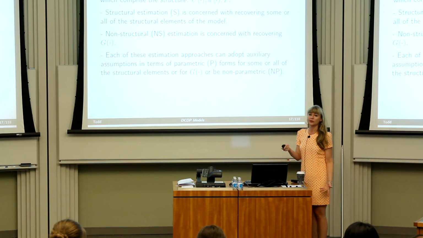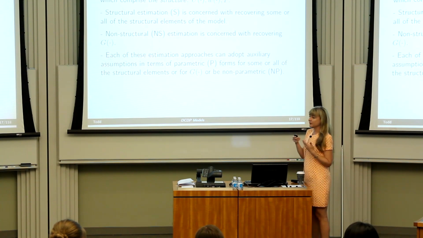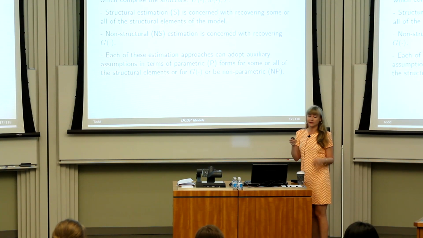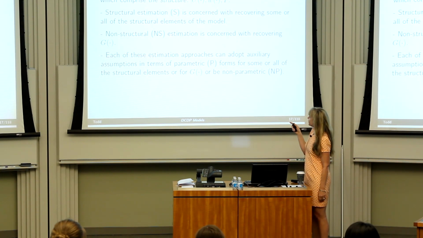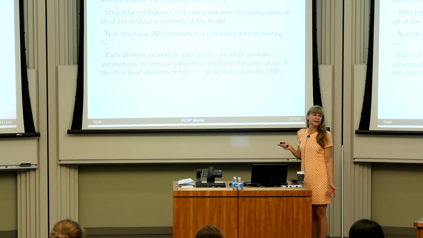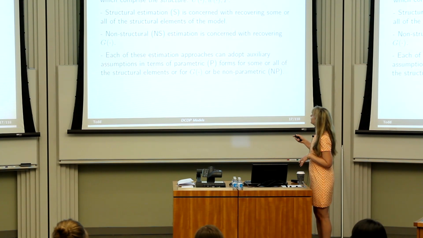The structural elements are policy invariant, but you could also have other functions that are policy invariant that are not the structural elements. But just be aware that there are a couple different ways people make these distinctions. So non-structural estimation would usually just be concerned with recovering G, the probability directly, and not trying to separate out these different elements, like F or U or W.